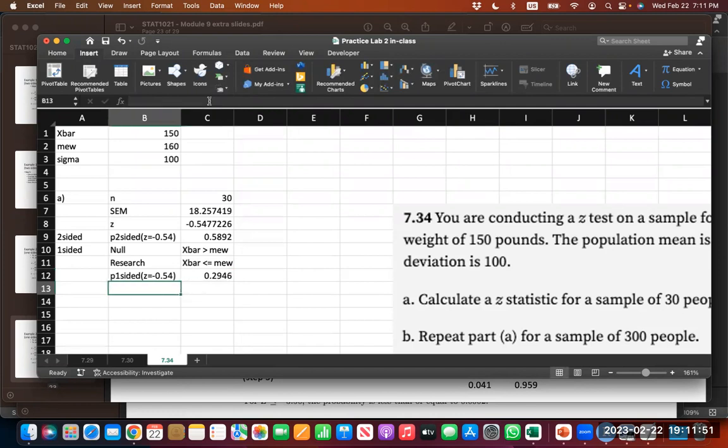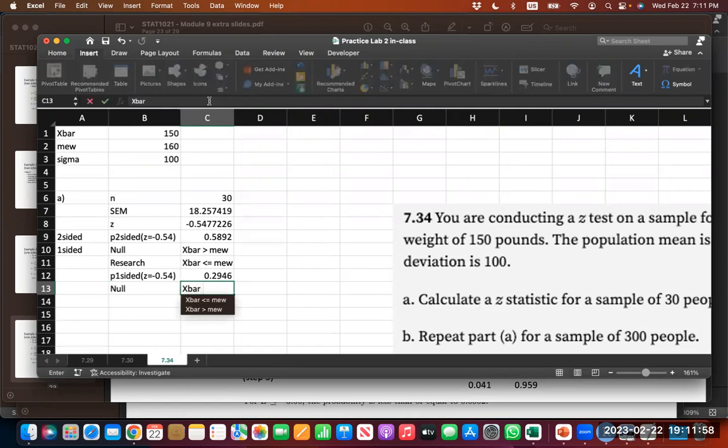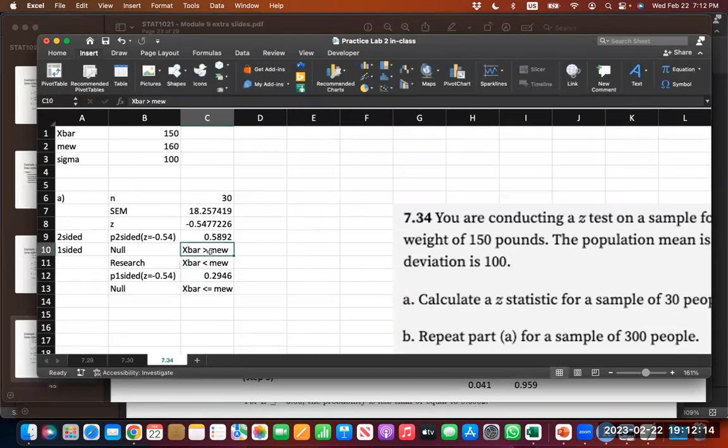If I do a p one-sided for a hypothesis where I pursue x bar smaller than mu as the null hypothesis, smaller equal than mu... The null hypothesis needs to be the equal, sorry for that. So it would be greater equal than mu, and the research hypothesis here would be x bar greater than mu.